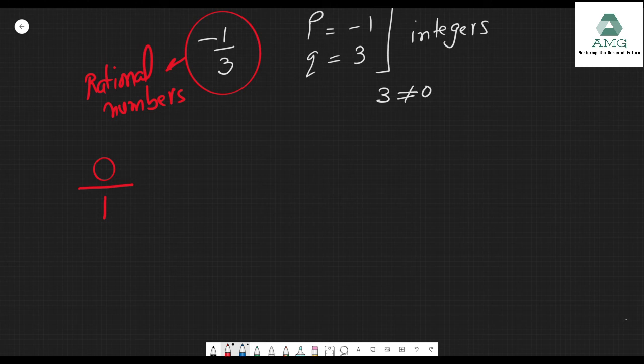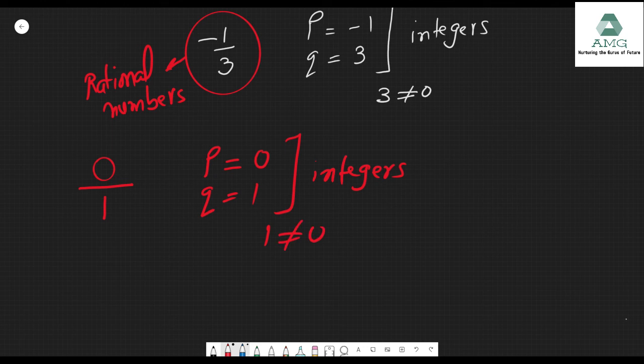It doesn't change anything because any number divided by 1 is the number itself. Let's check for the values of P and Q for 0 divided by 1. The value of P is 0 here and Q is 1. Obviously, they both are integers, satisfying our first condition to be a rational number.